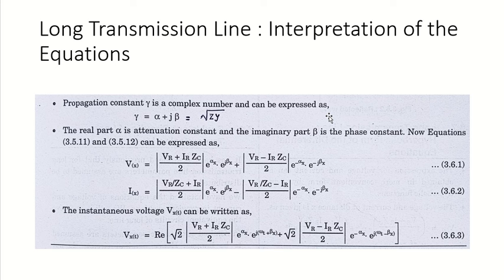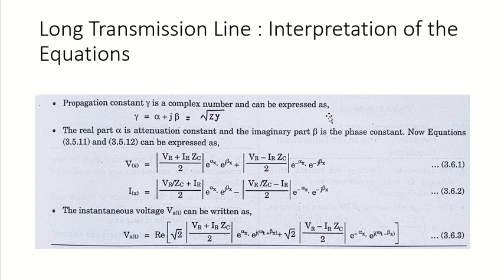And now the equations which we derived in the previous lecture can again be represented with these formulas, because we are representing them in the manner of complex numbers. Vx equals Vr plus Ir into Zc divided by 2 into e raised to alpha x into e raised to j beta x, that becomes your complex part, plus Vr minus Ir into Zc divided by 2 into e raised to minus alpha x into e raised to minus j beta x.